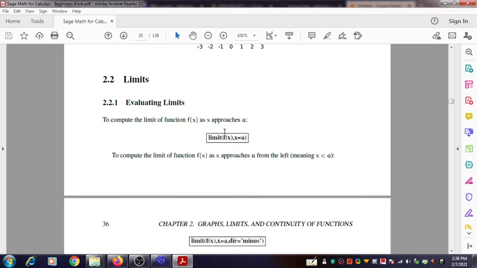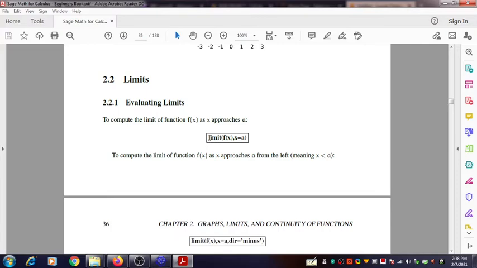Now the general syntax for finding limit using Sagemath is limit. You can use the limit function. The function used to obtain the limit is the limit function.